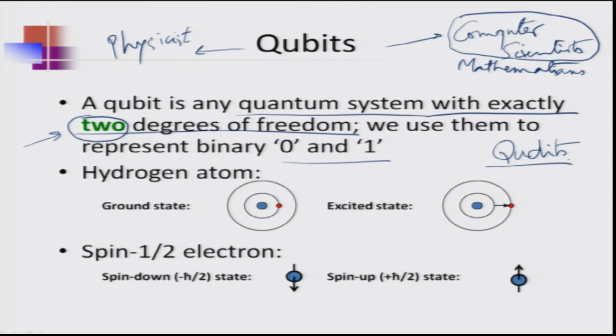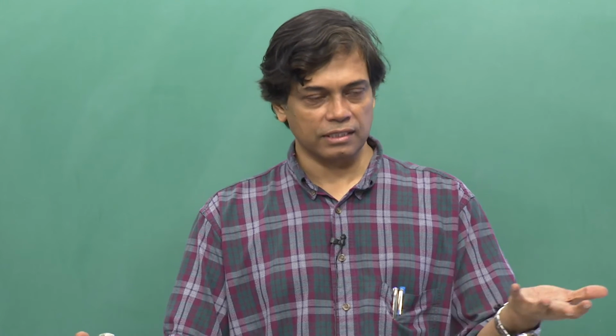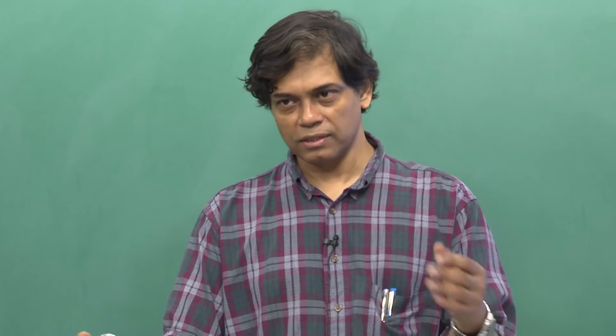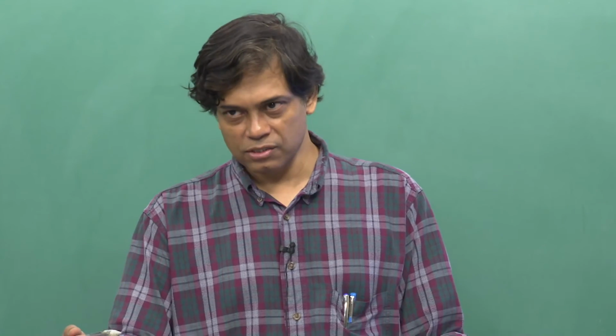Okay. Anything more than 2 is called a qudit. That is a typical area of development which has also happened, and people have shown that you could use qudits to do computing without any problem. It is like having a decimal system versus a binary system and so on and so forth. You can have more than just 2.